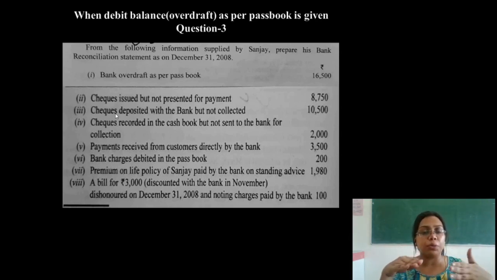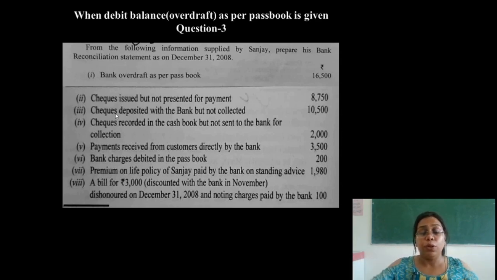I have issued a check to a third party or a customer but he has not presented the check to the bank for payment. In case of cash book, I would have deducted this amount from the bank column of my cash book. But actually this amount has not been deducted from my passbook. This means that I would have added this amount back to the cash book while preparing a BRS.